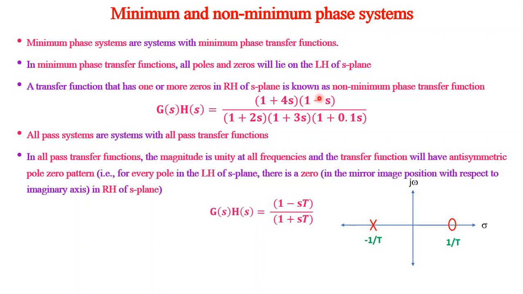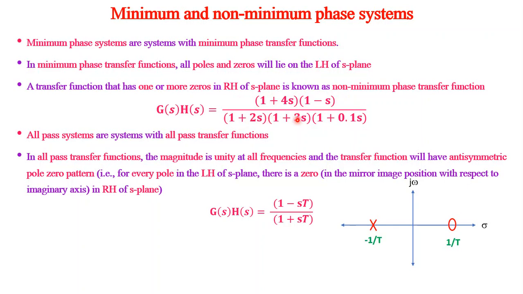Therefore, as omega tends to infinity, this phase angle will be not 90 degree, but minus 90 degree. So this is 90 degree, this is minus 90 degree, so 90 plus minus 90 is 0.